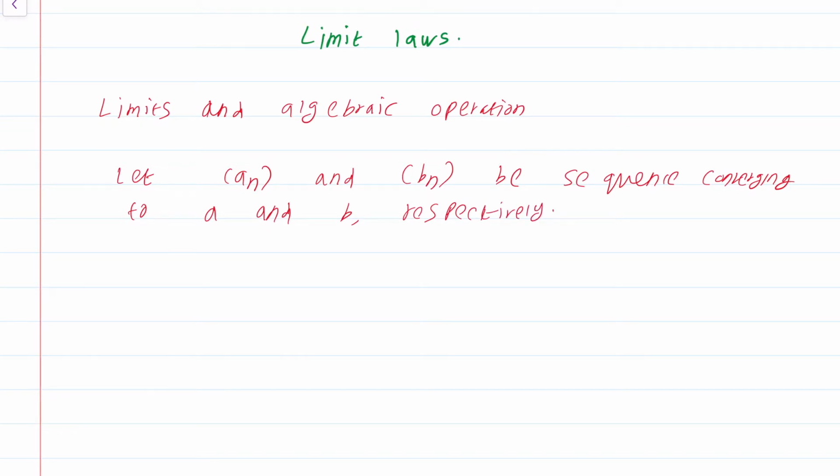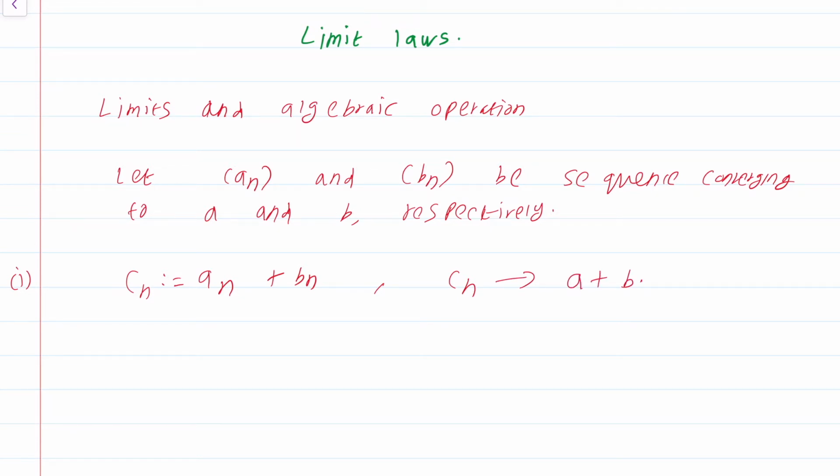Okay, then you have the first limit law: the sequence an plus bn. That means I'm defining a new sequence Cn whose nth term is nothing but the sum of the nth terms of the sequences an and bn. Then Cn converges to, as you can guess, a plus b.